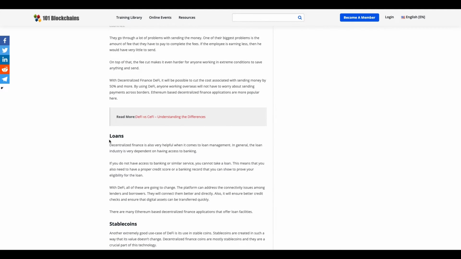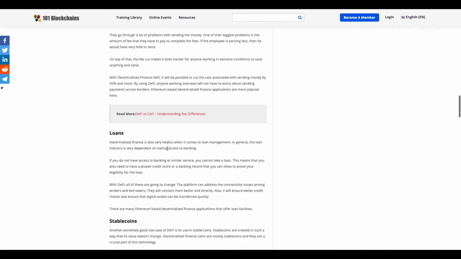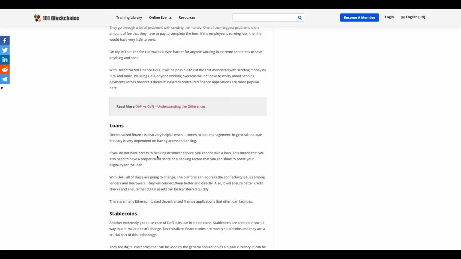So there's also loans. With DeFi, the loans are a lot more manageable. With banking, it's harder to prove that you're eligible through your credit score or your banking record.